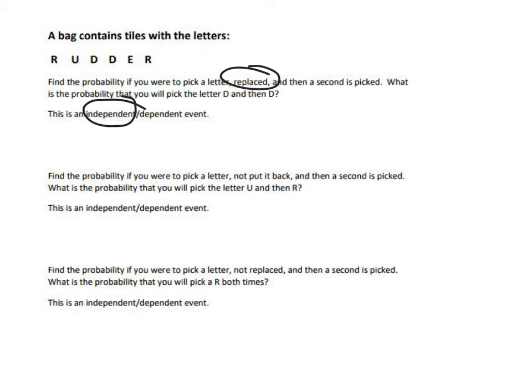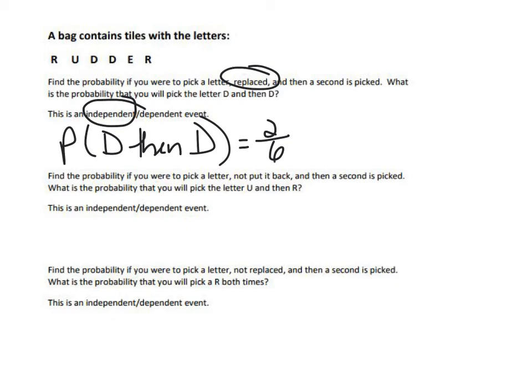So let's go ahead and do the probability of D, then D. So the probability of getting D would be what? 2 out of 6. And that simplifies to 1 out of 3.